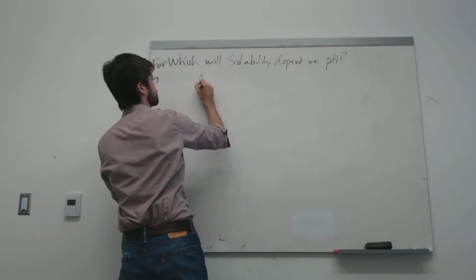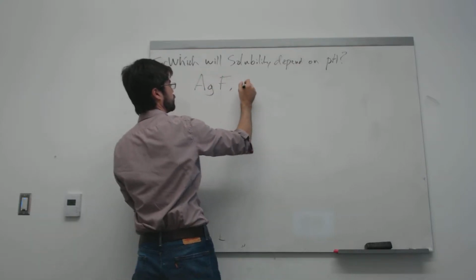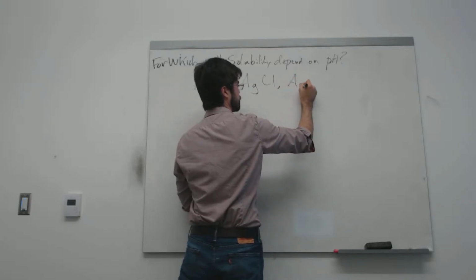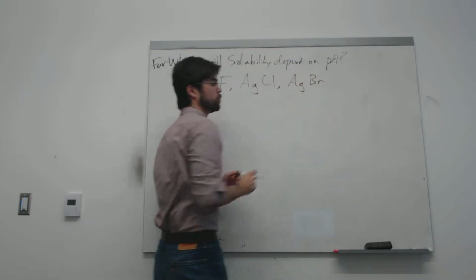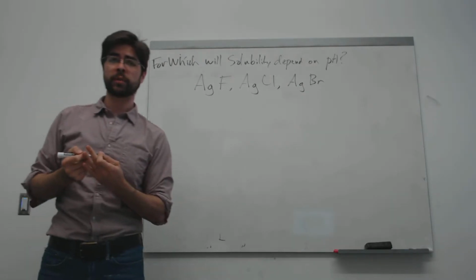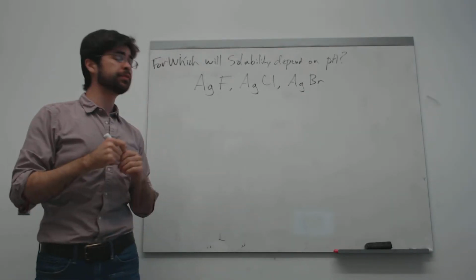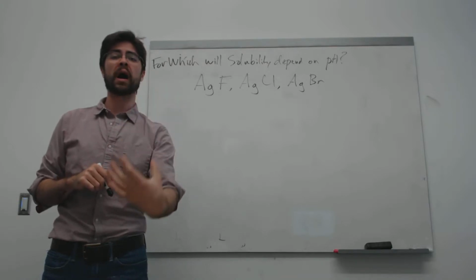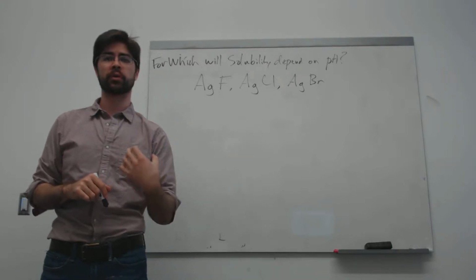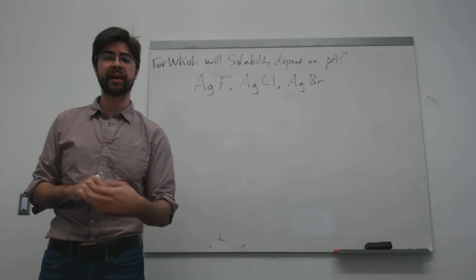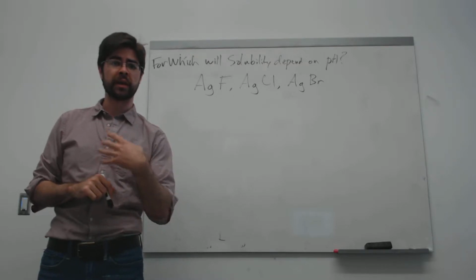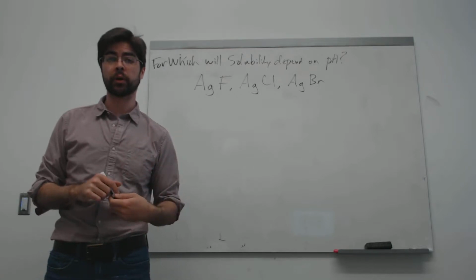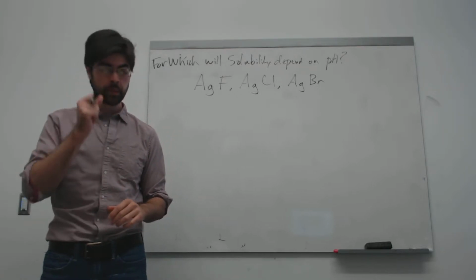I give you three options here: silver fluoride, silver chloride, or silver bromide. So take a moment, see if you can pick which one, and more importantly, see if you can explain why, like the actual chemical arguments for why that substance should be less soluble, or more soluble for that matter, at high or low pHs.